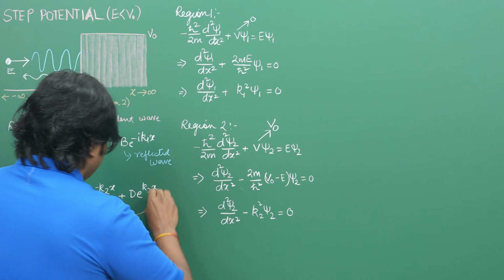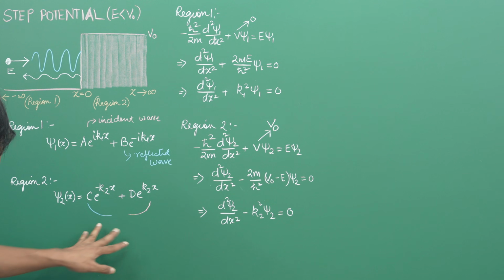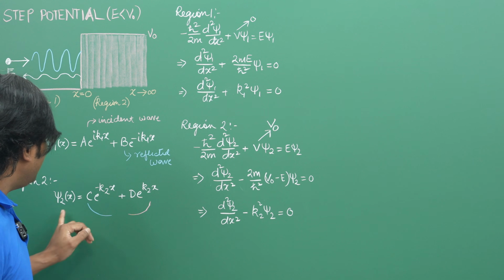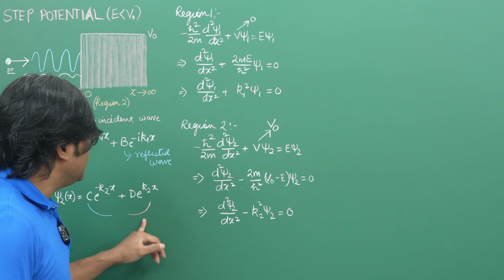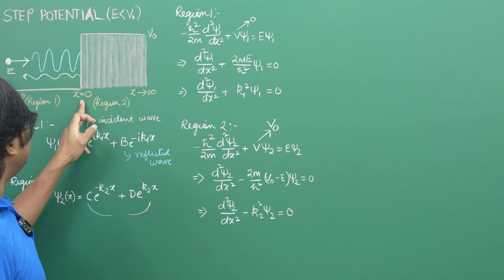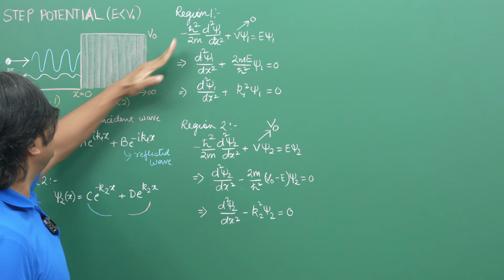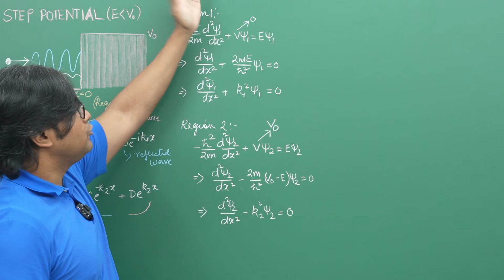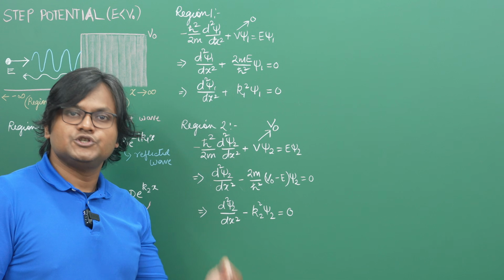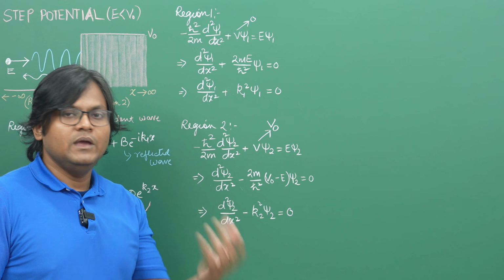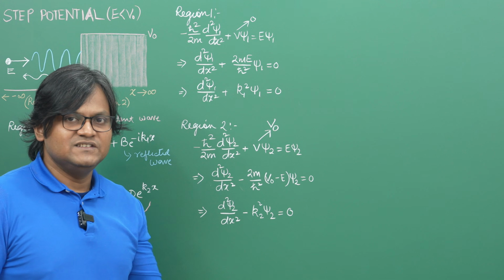If I consider both these terms in region number 2, the wave function is going to blow up if the second term exists. If the second term exists for x greater than 0, the wave function will approach infinity. That is not allowed. We do not allow wave functions to blow up because we won't be able to normalize it and it won't make any physical sense whatsoever.